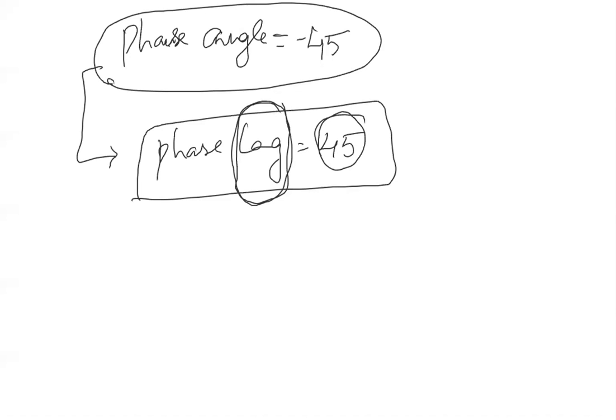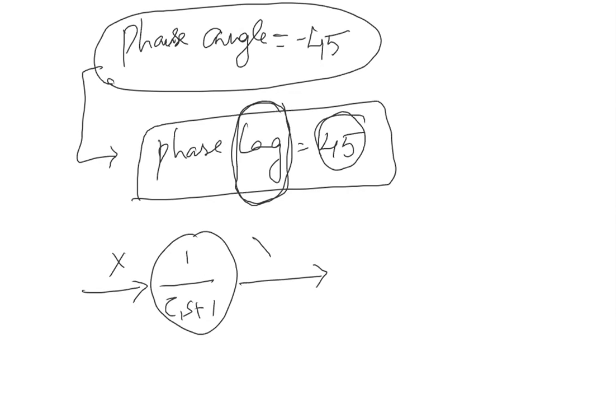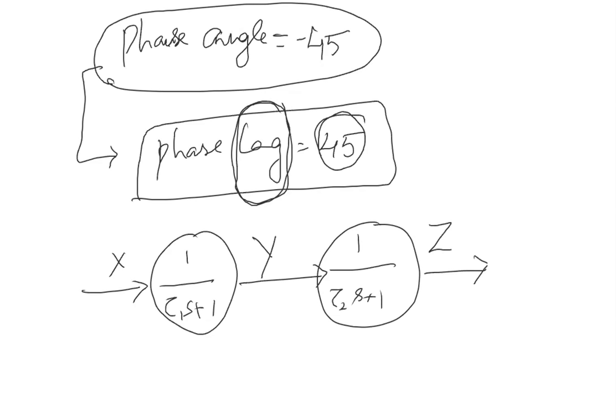Lag itself is minus. Basically you have two systems in series, 1 by tau 1 s plus 1. The input is x, the output is y. Then this goes to another system, 1 by tau 2 s plus 1. The output response is z.